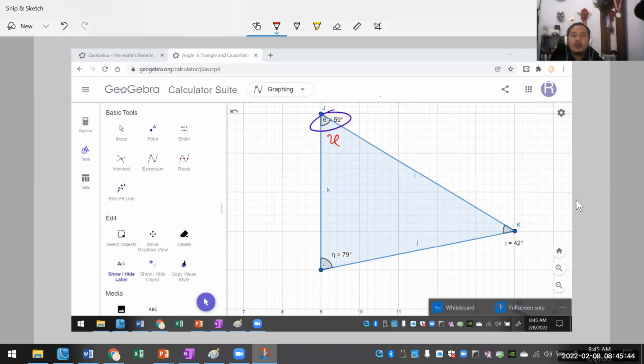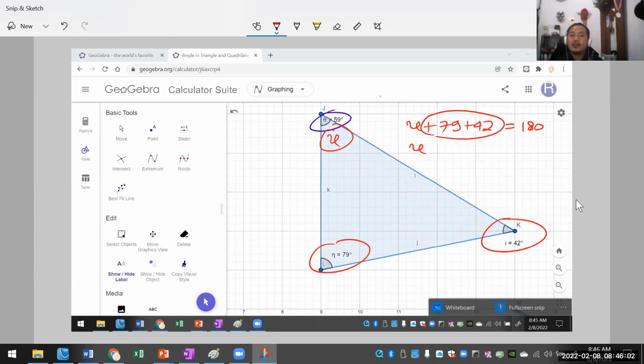So we know that if we add this guy with this guy with this guy, it will be 180 degree. I can write this down as x plus 79 plus 42 equals 180 degree, right? Maybe I can just add these two. 79 plus 42 is 121.